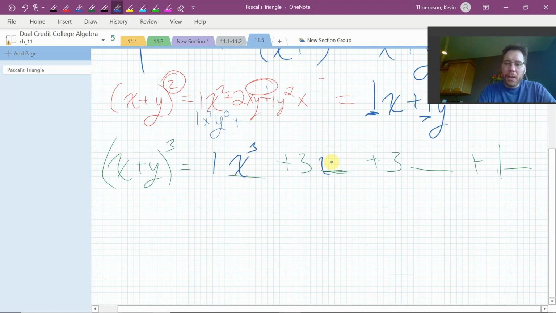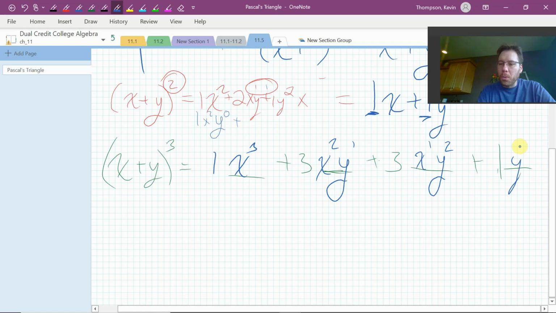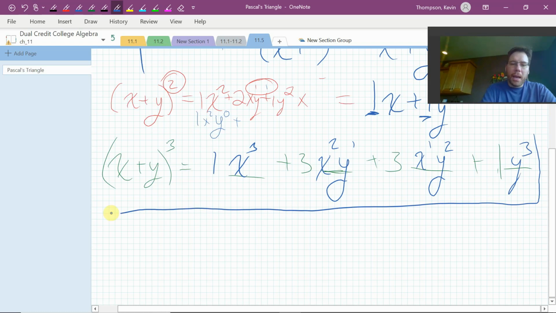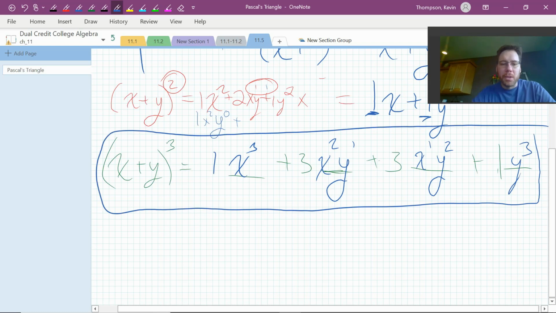The powers of x will go down, so the next one would be x squared, but then that's got to be a y to the first, plus 3 x to the first, so I don't need to put the 1 there, but just to emphasize it, y squared plus 1 y cubed. And that is the expansion of x plus y cubed.